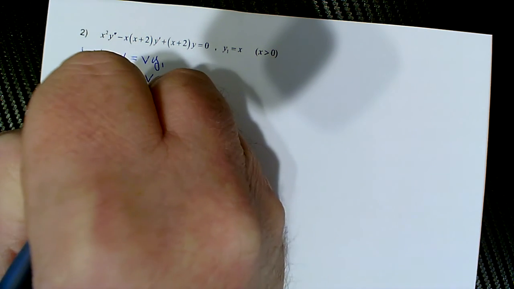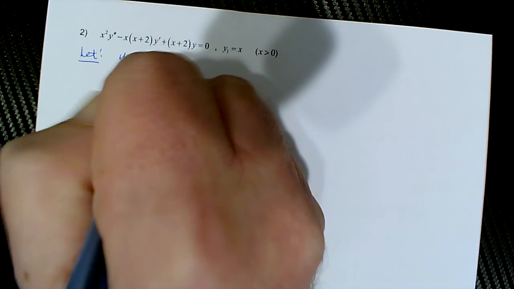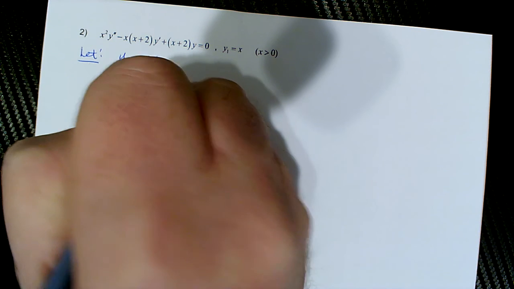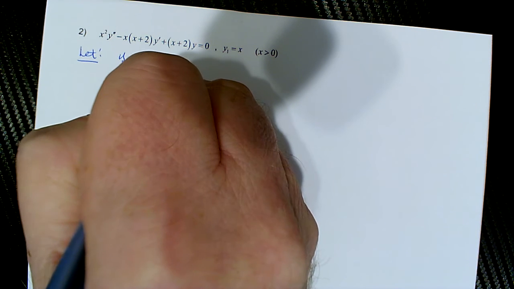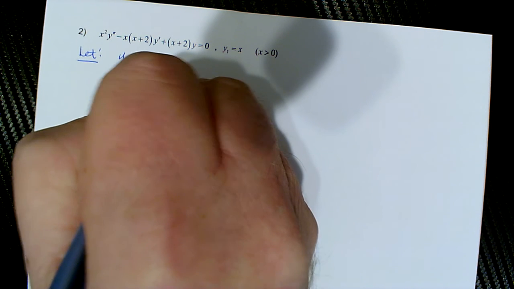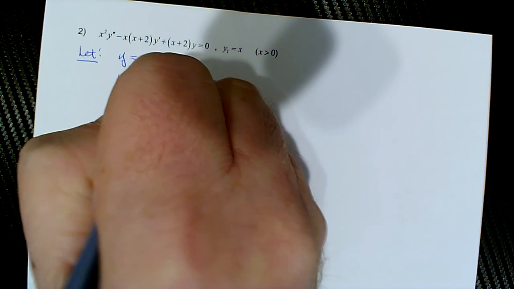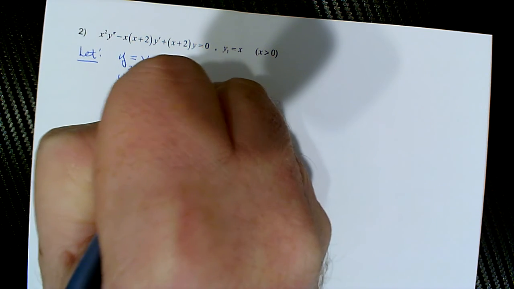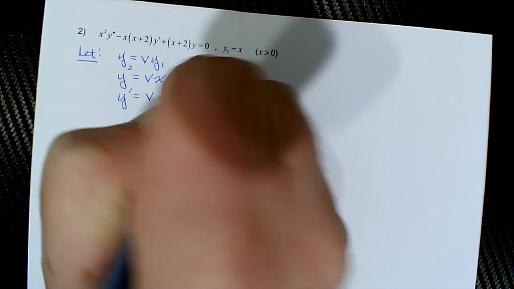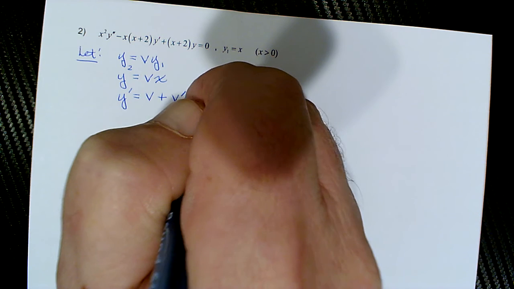And then we'll calculate a couple derivatives. So y prime, by the product rule, first times the derivative of the second. So v times 1 is just v, plus the second, x times the derivative of the first. And the derivative of v is v prime, so v prime x.